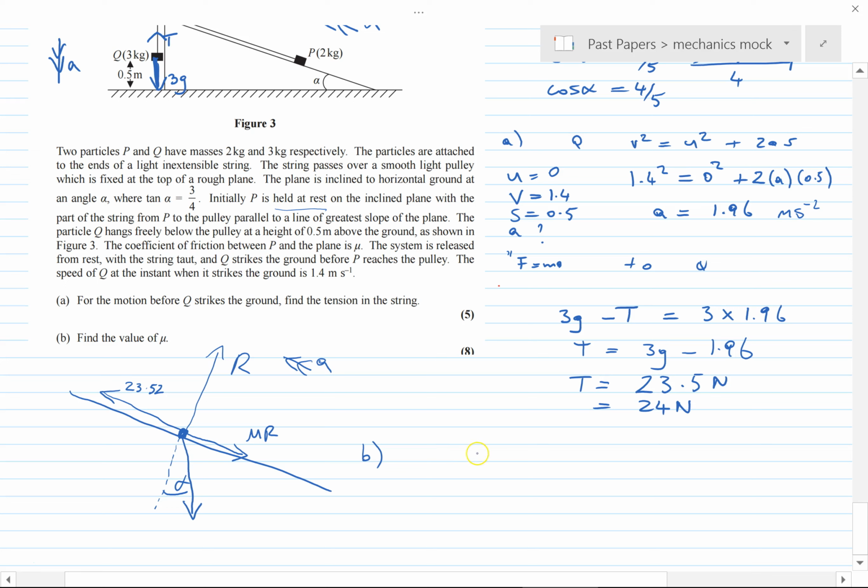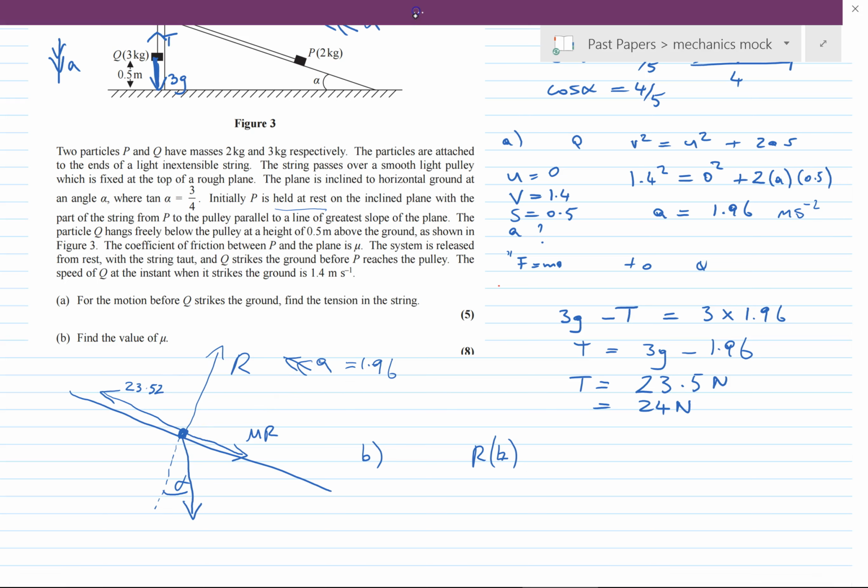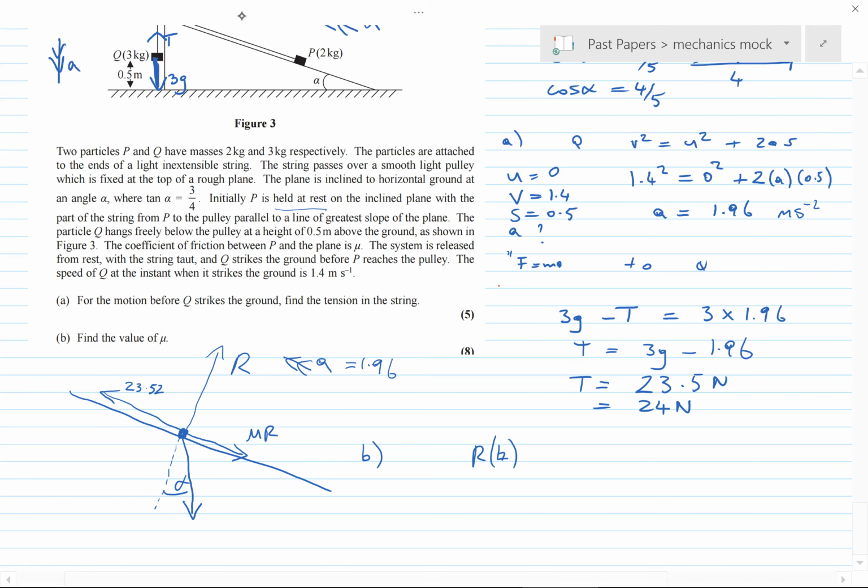So we can apply F equals ma, and we also know the acceleration is 1.96. We also want to resolve perpendicularly, because that's always a good idea, because we need the reaction force. So resolving perpendicularly, we can see the component of this force there is R cos 0, not R, is 2g, so that's 2g cos alpha.